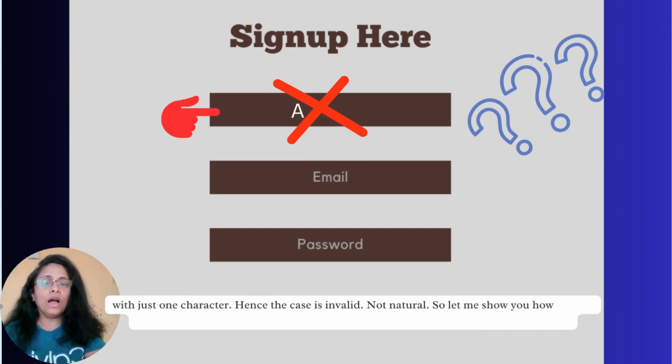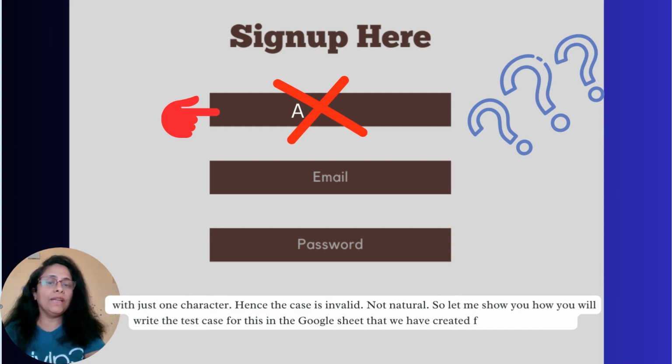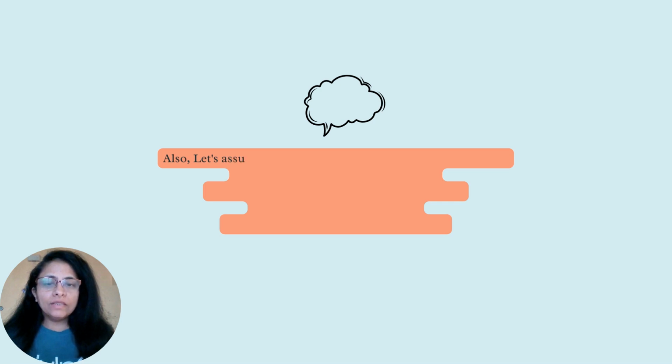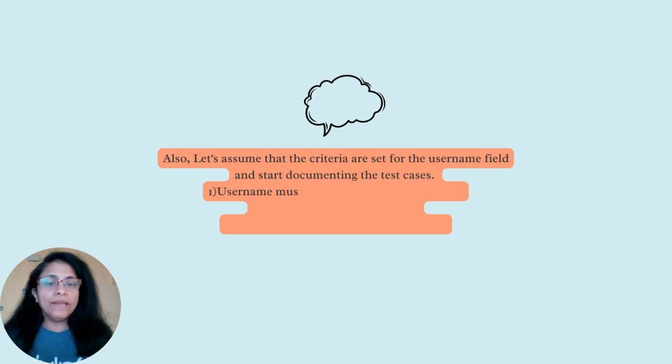So let me show you how you will write the test case for this in the Google Sheet that we have created for sign up page. Also, let's assume that the criteria are set for the username field and start documenting the test cases. First, username must not be less than 2 characters. Second, must be at least 6 characters.